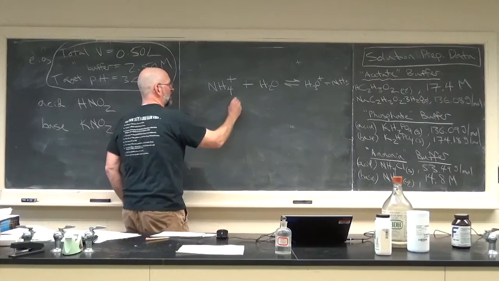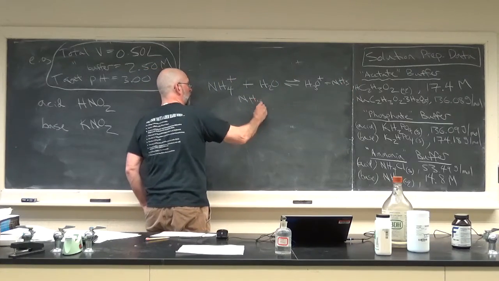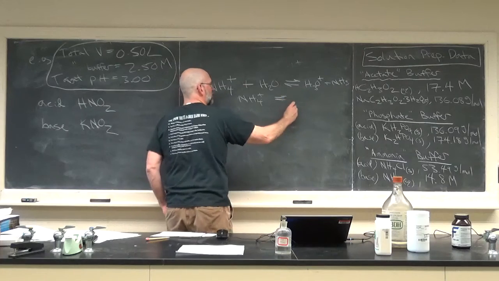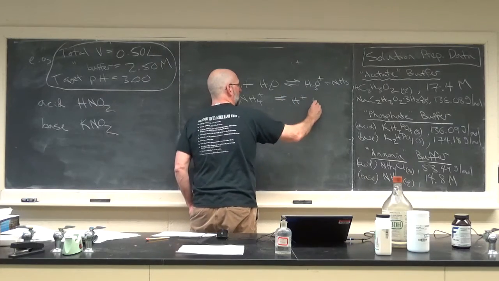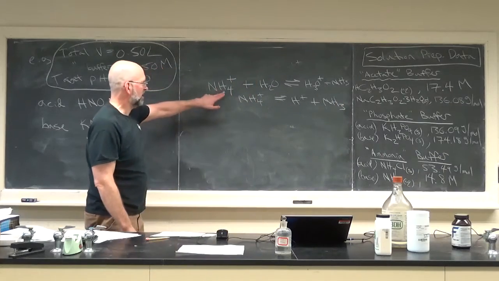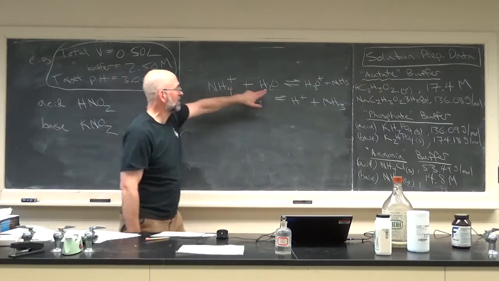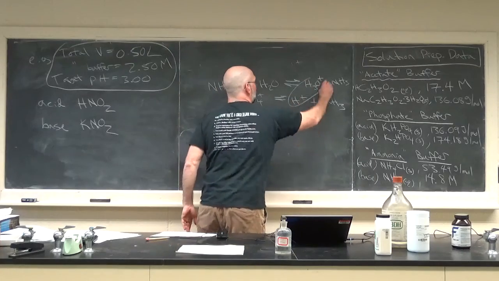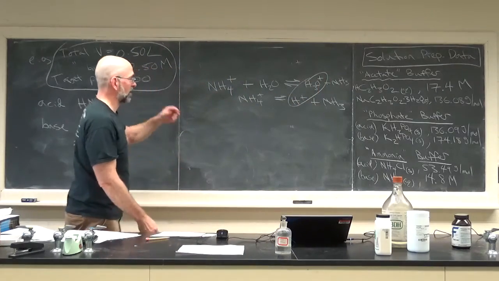We could shorten this by just doing NH4 plus in equilibrium with H plus and ammonia. But it's actually more physically relevant to show reacting with water, and these two are equivalent symbols for one another.